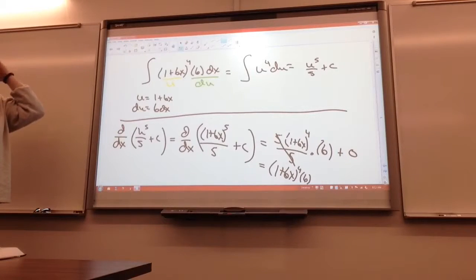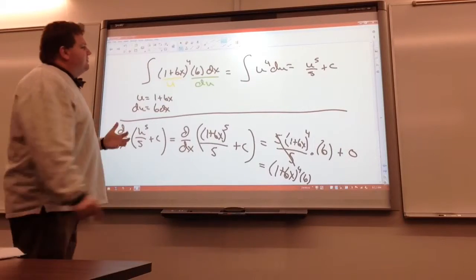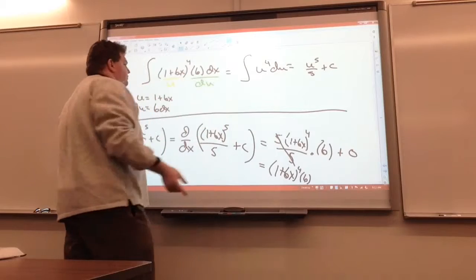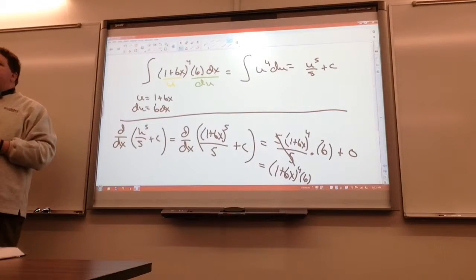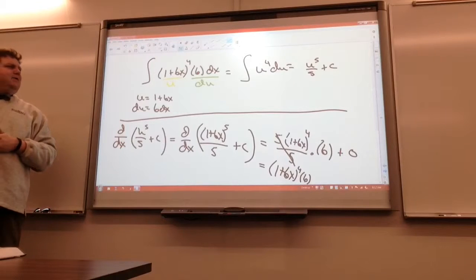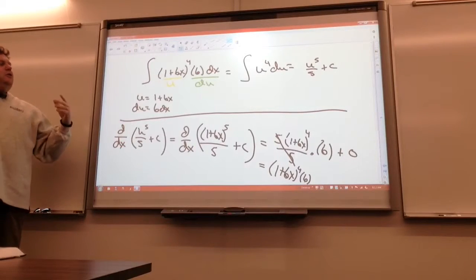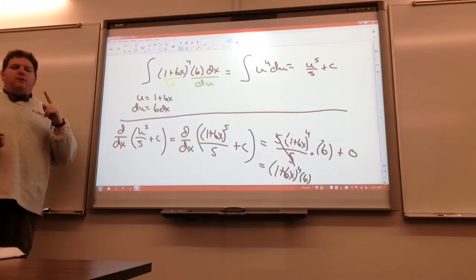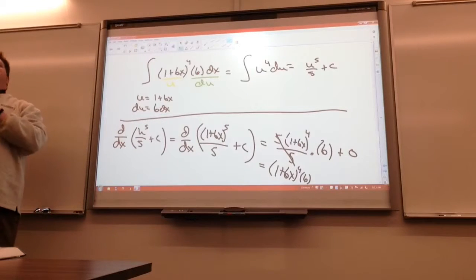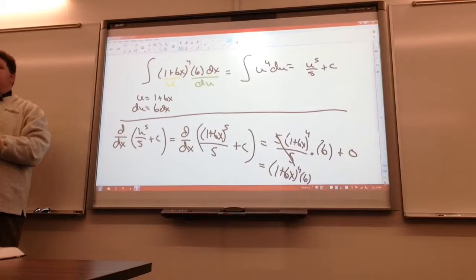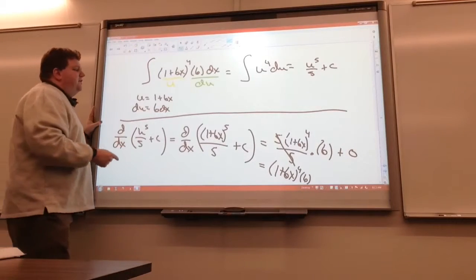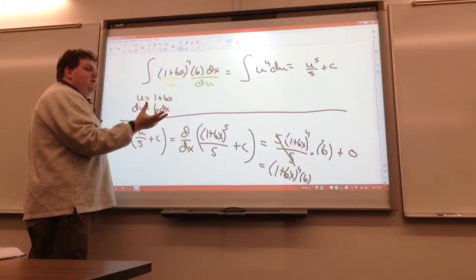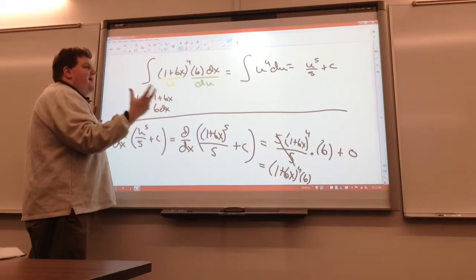Kind of as a general rule of thumb, or as a general idea of when you approach these things, a lot of times people have trouble identifying what u should be in the problem. And I've always found that kind of strange. This is going to be the case for 99% of these things: u is going to be the part with the x, or whatever part has the x to the highest exponent.